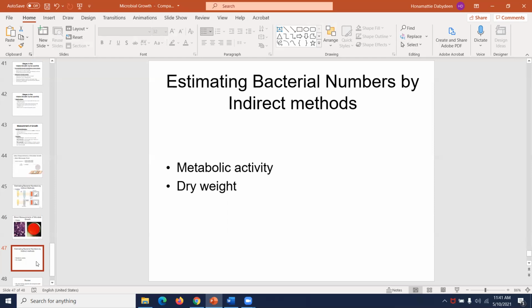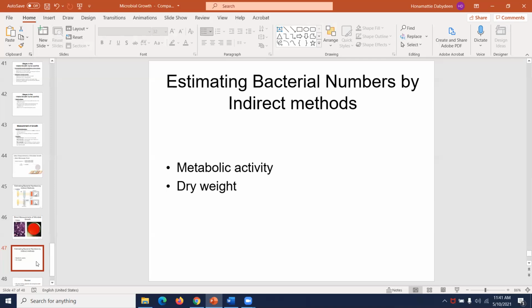For example, some organisms may ferment a sugar and produce acid. If we know that one organism produces a certain finite amount of acid, we're not going to use one organism, it's too tiny to work with, but we can use a colony. Depending on the amount of acid produced, we can estimate how many organisms are there to produce that amount.